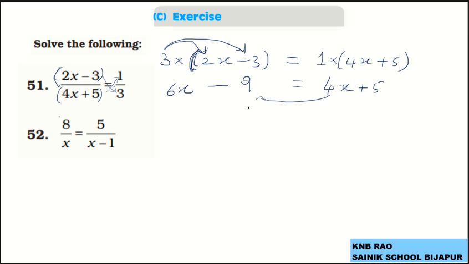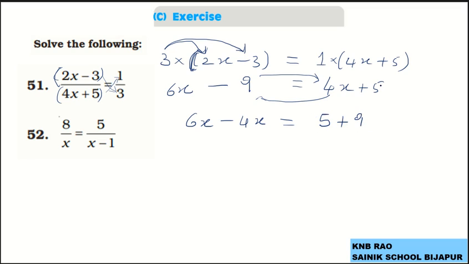4x I am transposing to this side, and minus 9 I am transposing from the left hand side to the right hand side. So 6x, this addend will be a subtrahend on the left hand side, and this subtrahend, that is, 9 with the minus sign, when it is transposed to the right hand side, will become an addend.